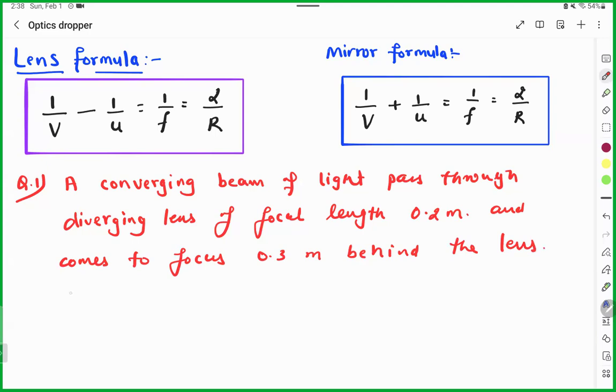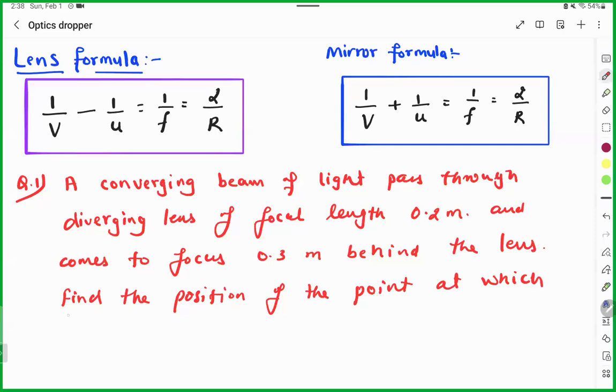Find the position of the point at which the beam converges in absence of the lens.